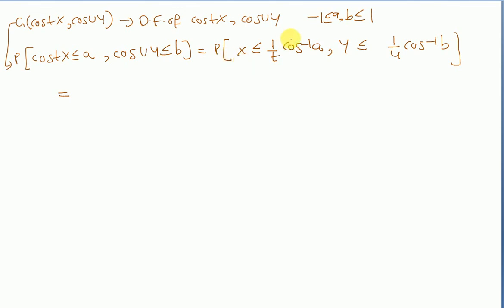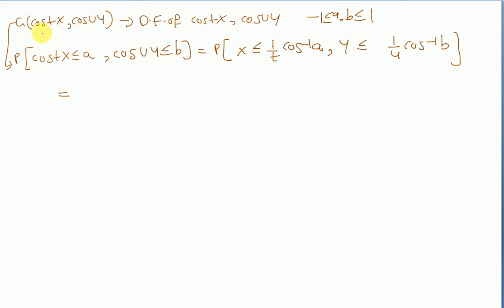Finally, if we take this term as a single numeric value and the other term as a single numeric value, then we can see this as probability x is less than c1, y is less than or equal to c2.